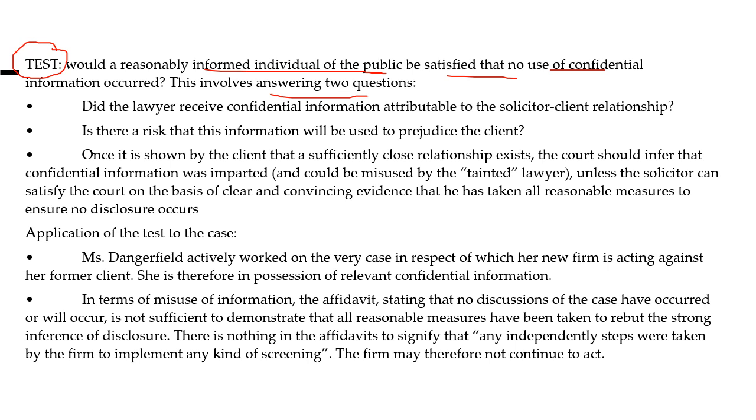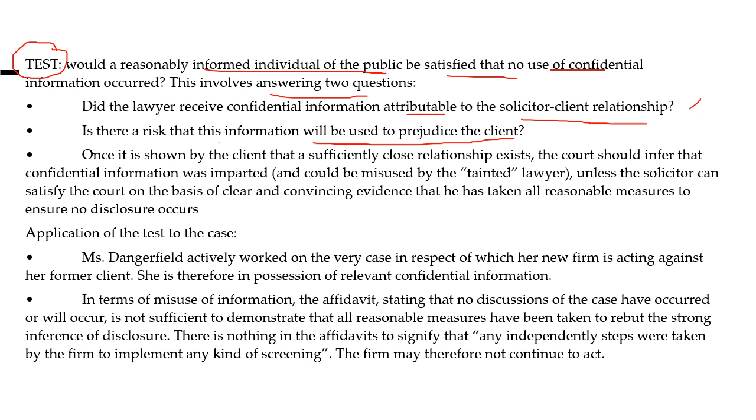Did the lawyer receive confidential information attributable to a solicitor-client relationship? Firstly, you have to see how much information there was and whether there was any confidential information. In the facts, we saw that it was clearly written that the junior lawyer was privy to some important confidential information. Is there a risk that this information will be used to prejudice the client, against the client?